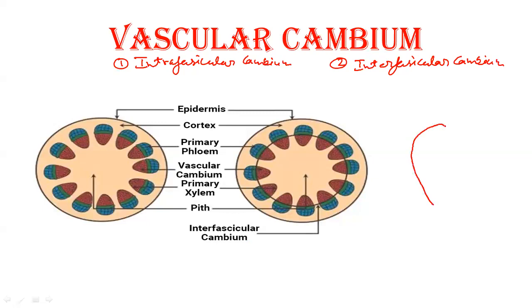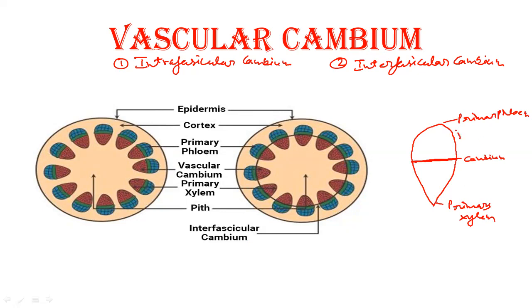This is the vascular bundle, and here the cambium is present. This is the cambium. This is primary xylem and this is primary phloem.